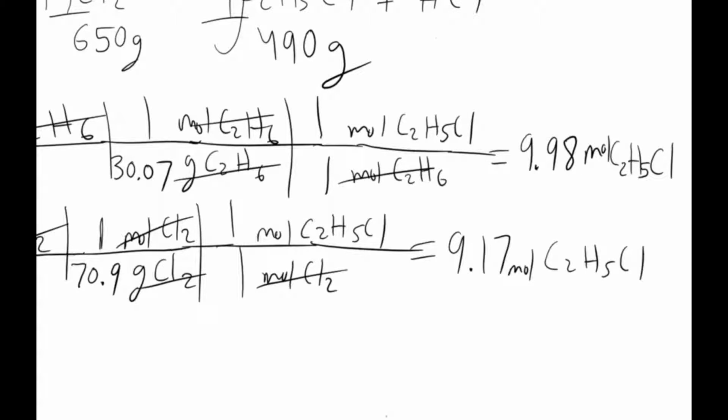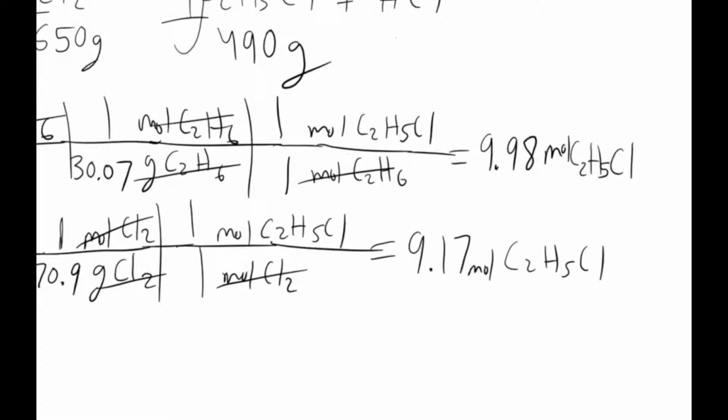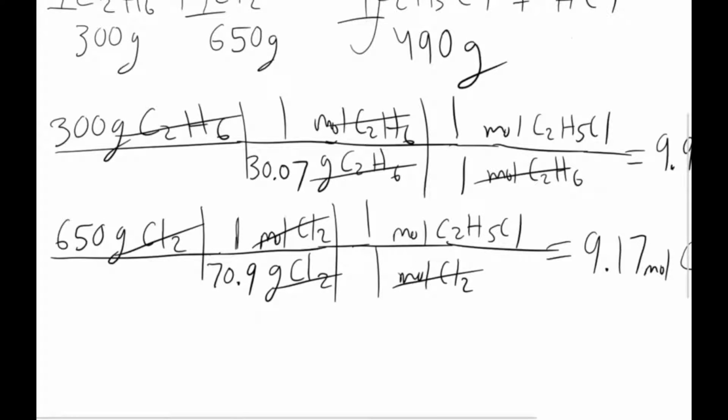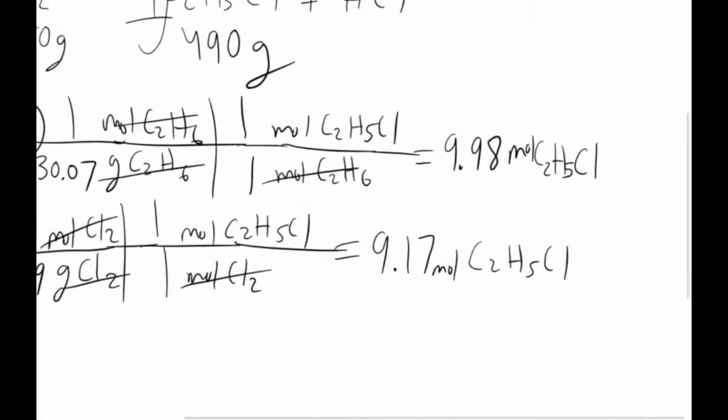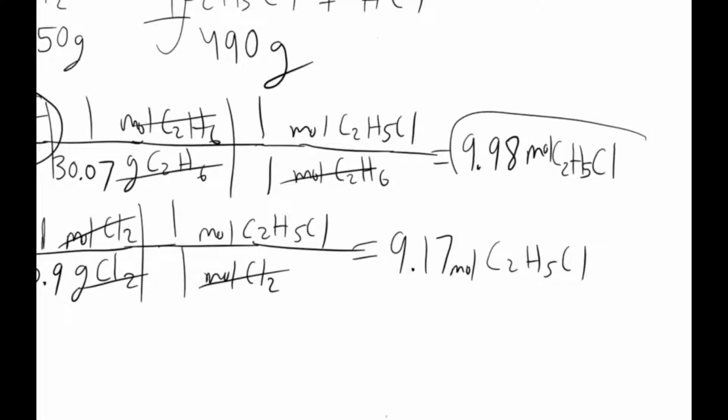At this point we stop and try to understand what we've done so far means. If ethane was hypothetically the limiting reactant, and all 300 grams of ethane reacted, it would hypothetically produce 9.98 moles of the chloroethane.